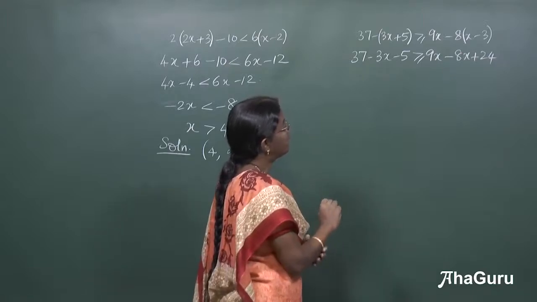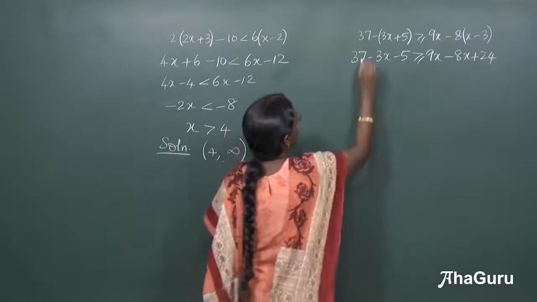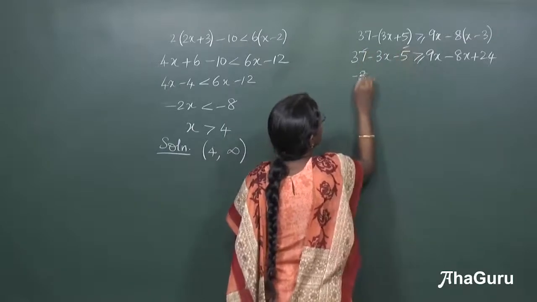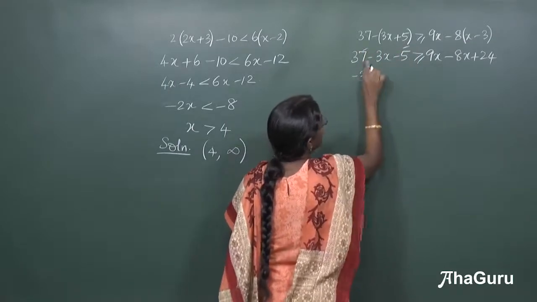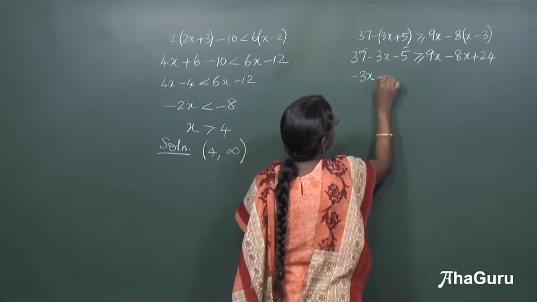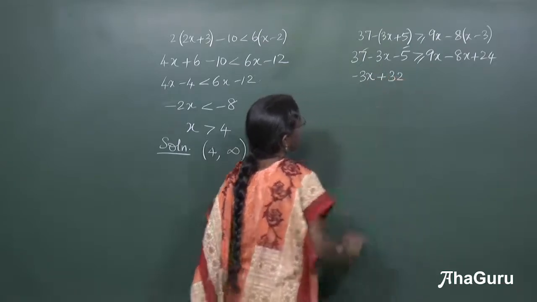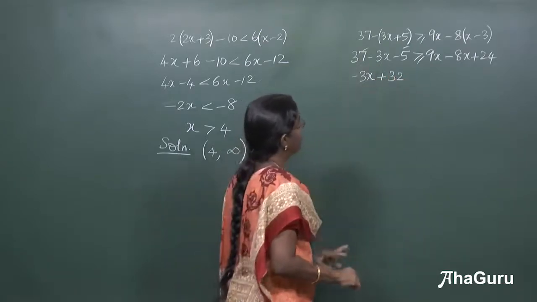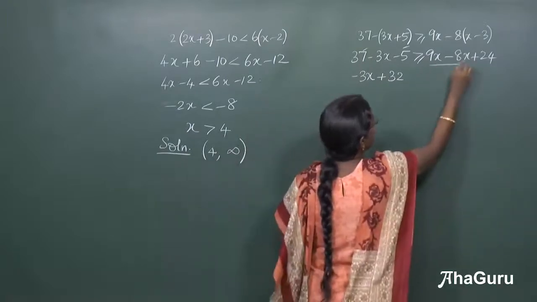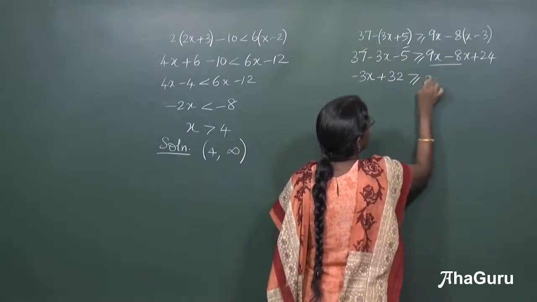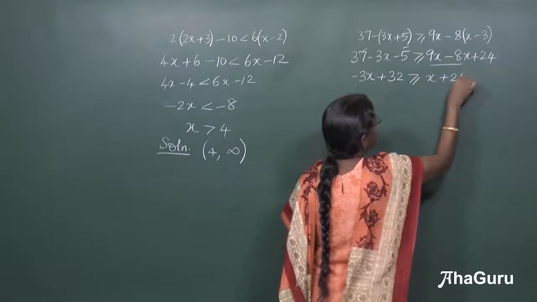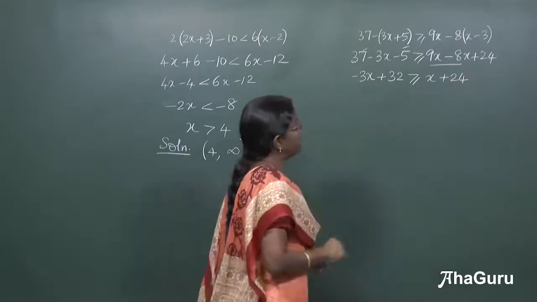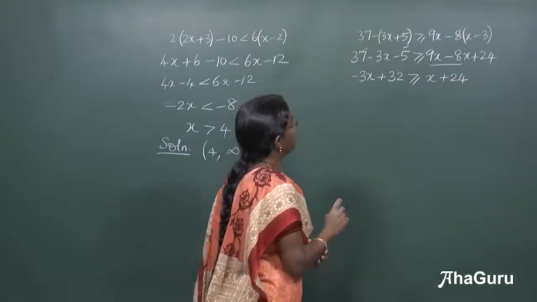So, that will become a minus 8x plus 24. Okay. Now, this side it is a minus 3x, correct, minus 3x and a plus 32, 37 minus 5. This side both are like terms. So, it will be a x plus 24, correct, 9x minus 8x, it is a x plus 24.